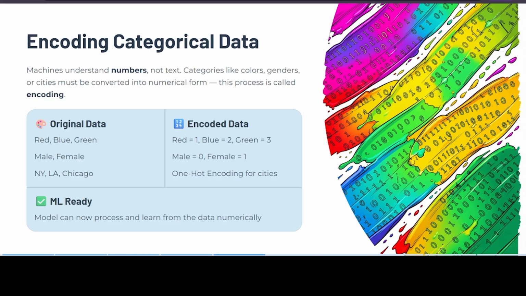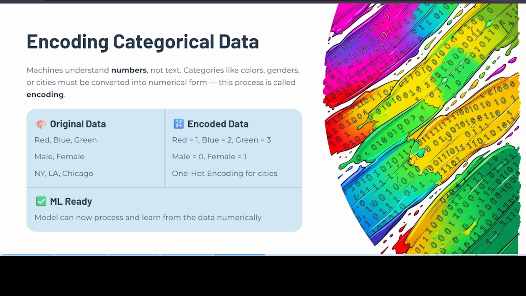Another one is one hot encoding. Sometimes simple numbering is not enough. Imagine cities like Chennai, Delhi, Mumbai. If we assign Chennai 1, Delhi 2 and Mumbai 3, the model may incorrectly think Mumbai is greater than Chennai.